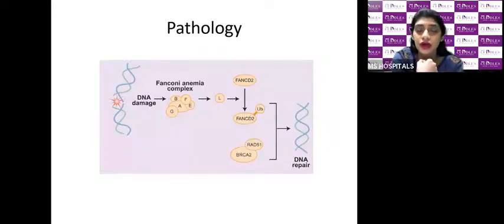So any kind of triggers like radiations, environmental triggers or genetic triggers, or any coexisting mutations or chromosomal aberrations like monosomy 7, inversion 16, 19, or any post-leukemic pictures like in AML, ALL.